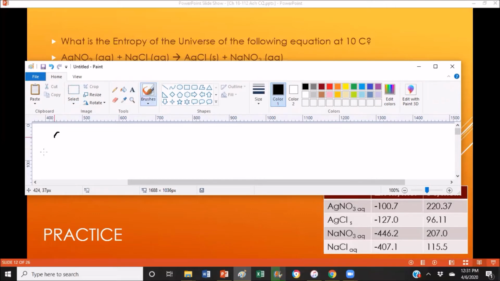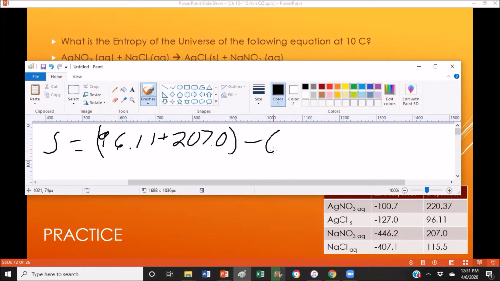Products minus reactants means we're going to take 96.11 plus 207.0, and we're going to subtract 220.37 added on to 115.5.